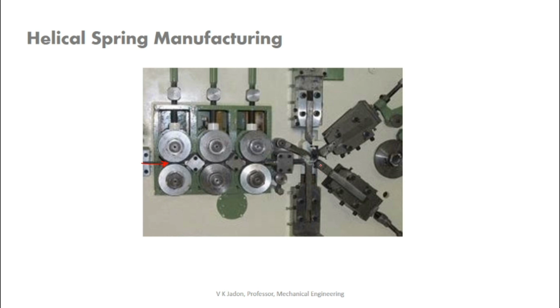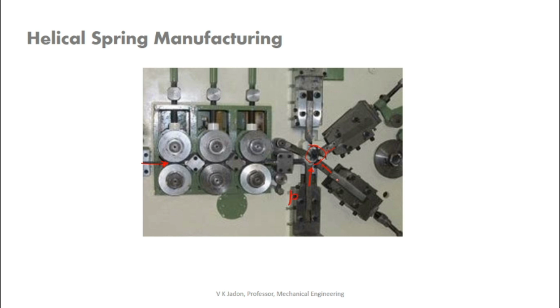Then we have these plungers, one, two, and this is the punch. First, as the wire reaches here, this comes and gives the direction of the spring, and once the direction is there, then this is adjusted so that a particular coil diameter is made, and when it again comes here, then this plunger is lifted and it adjusts the pitch.